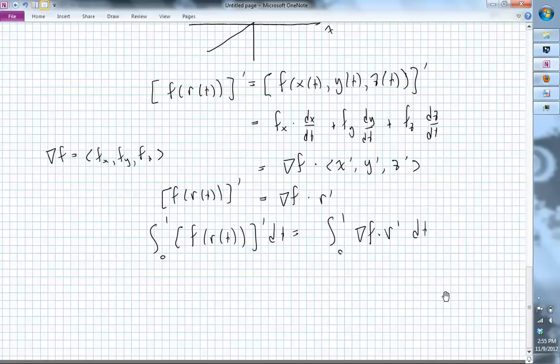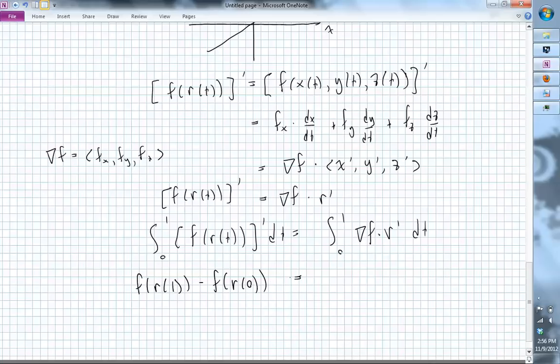So what does that turn into? It turns into this thing evaluated here minus this thing evaluated here, right? Because I'm integrating a derivative. So the left-hand side becomes that, right?